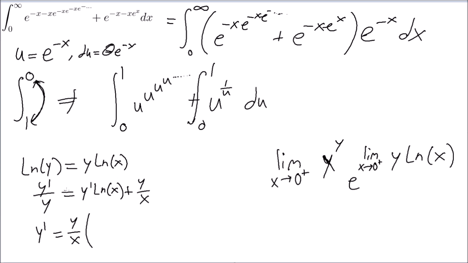This is what? 1 over 1 over y minus ln of x. So that's technically what we have. So I just take one side, factor out y prime, and divide it.